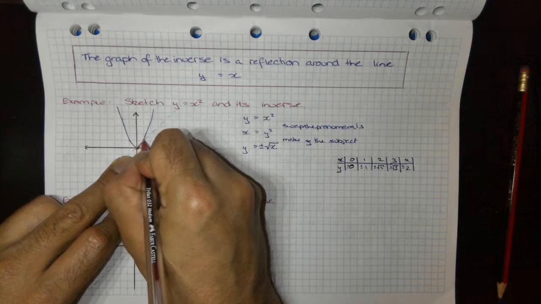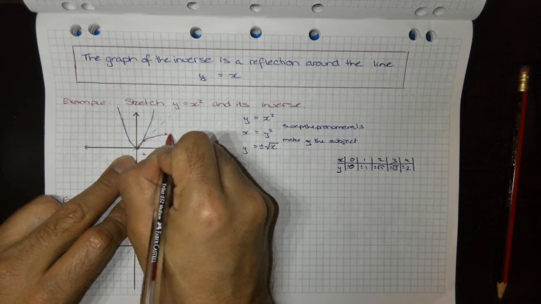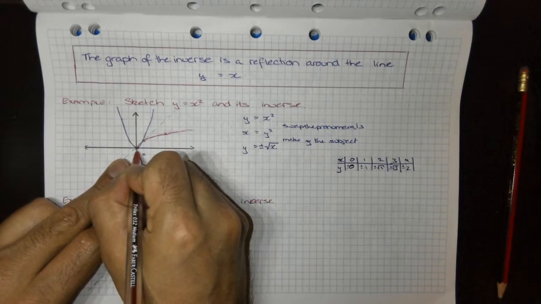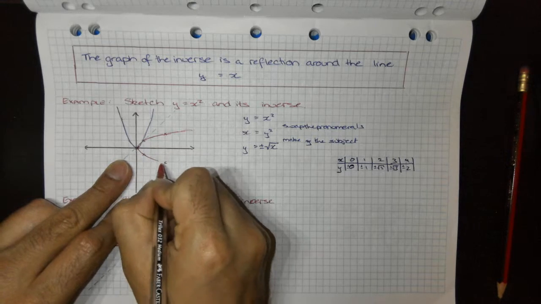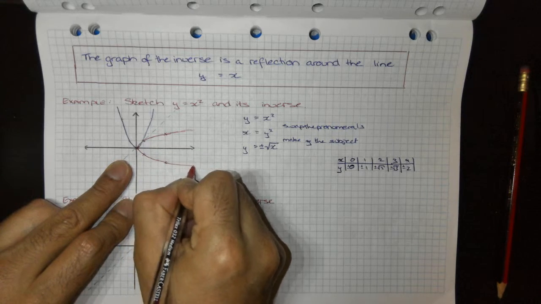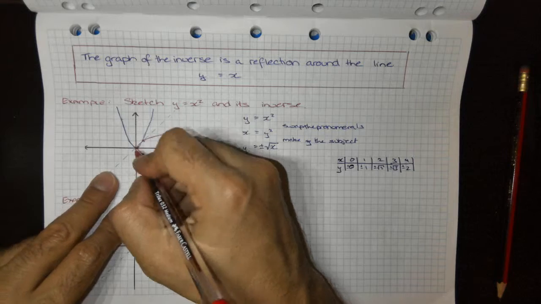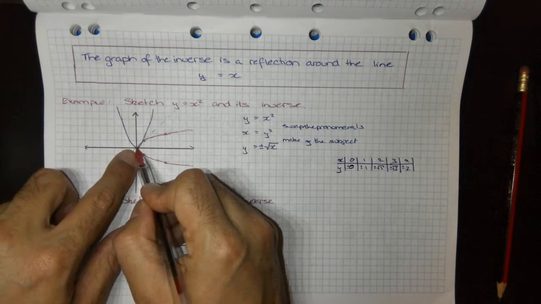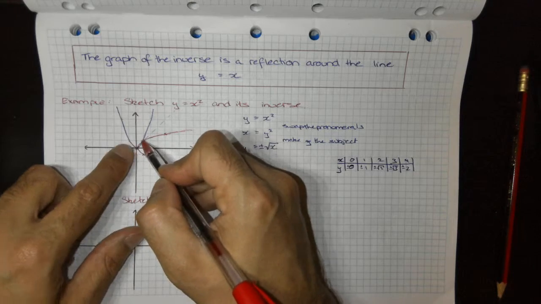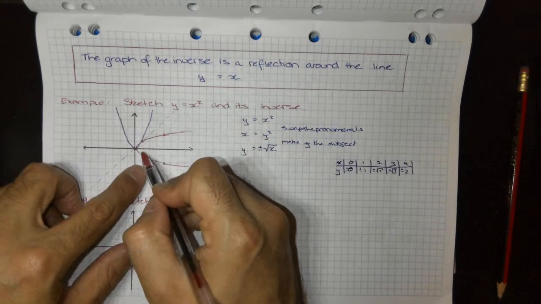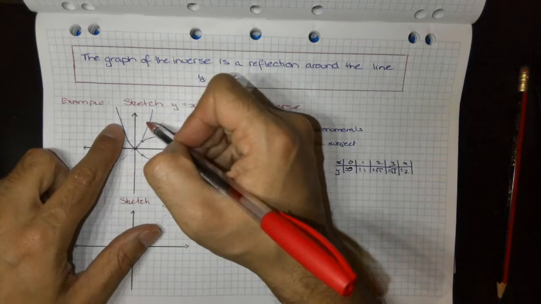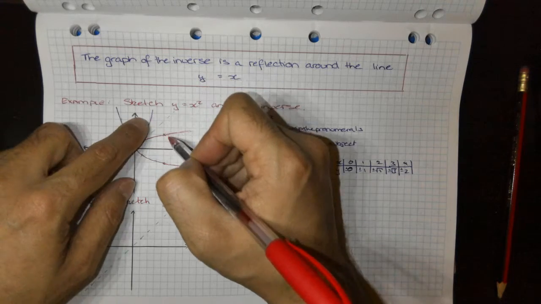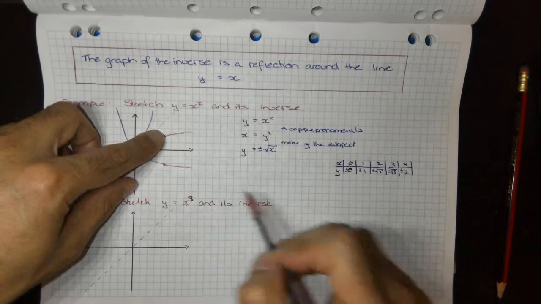So what you can see is that we get this side parabola as it's reflecting around this axis. So that origin stays the same. That's moving down to here. That's the 1 and 1. And the 2 and 4s are moving down to 4 and 2. They swap over.